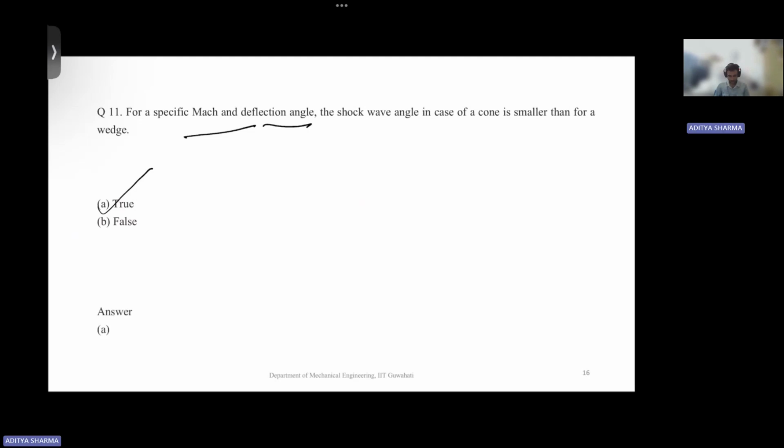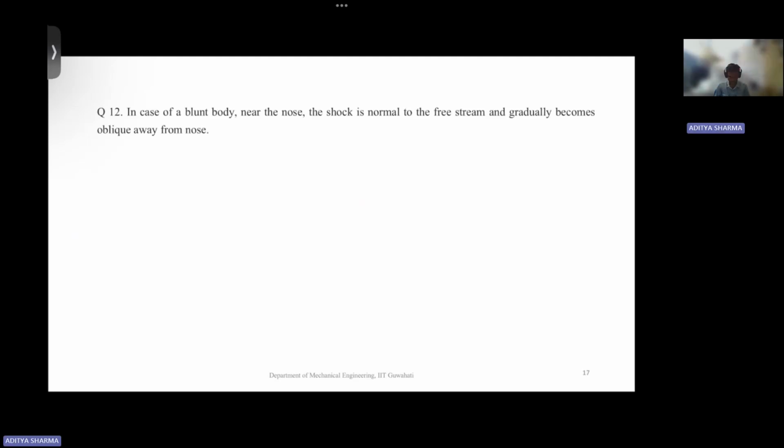Next question: in case of a blunt body near the nose, the shock is normal to the free stream and gradually becomes oblique away from the nose. Whether this is a correct statement or not, this again is a correct statement, right?